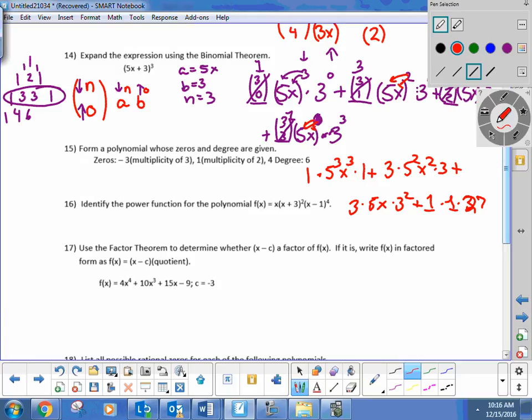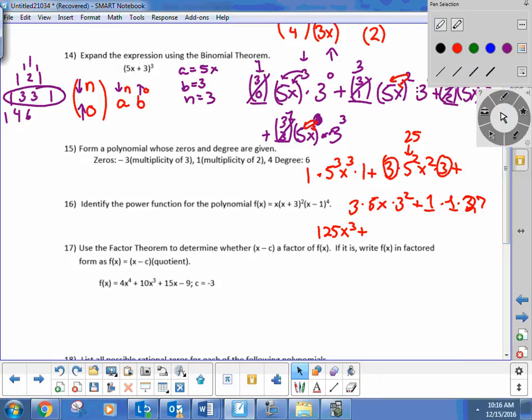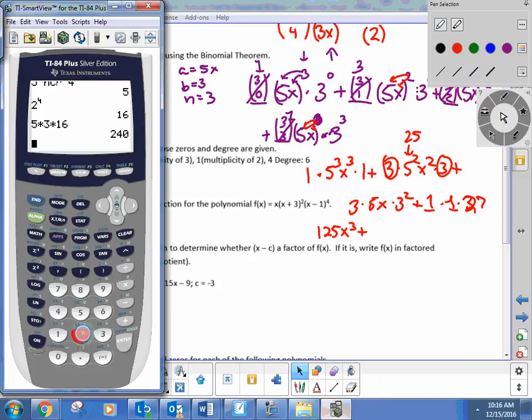5 cubed should be 125 x cubed plus, this is really 25 times 9. Because remember, this is really 25. And I have 3 times 3 here. So it'll be 25 times 3 is 75. And then you multiply by another 3. 225.